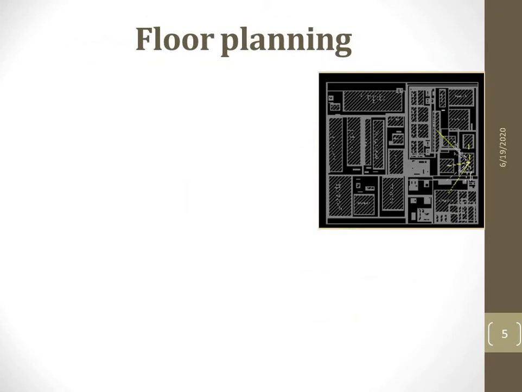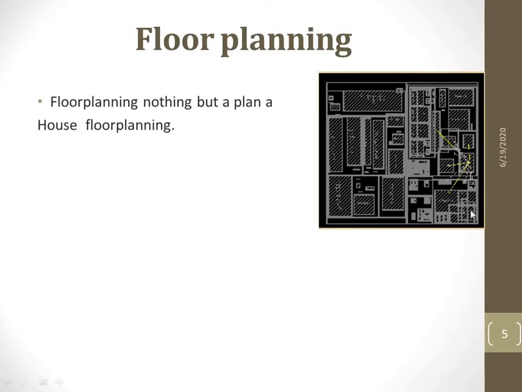Quickly moving on to the floor planning basics. In this unit you will be looking at the floor planning and placement basics. As you see in the diagram on the right hand side, floor planning is nothing but planning a house. Here you can see the blocks are like in the house: here should be our living room, here should be our study room and so on. We just plan and see that the area we have is completely utilized.